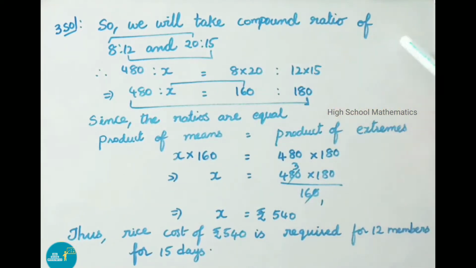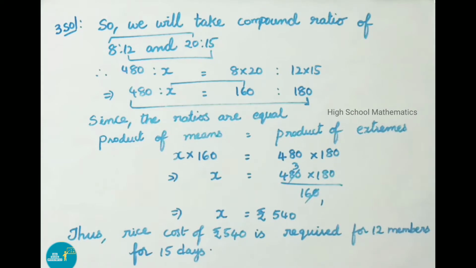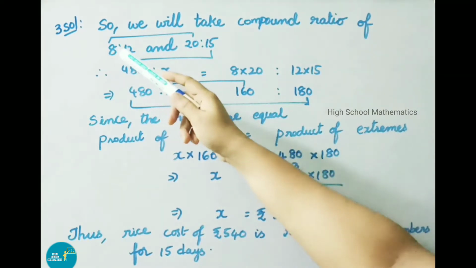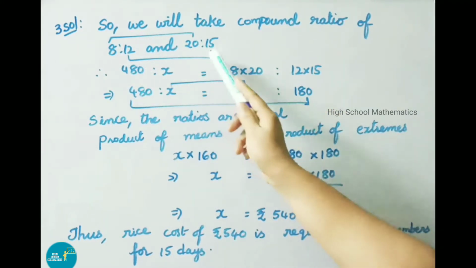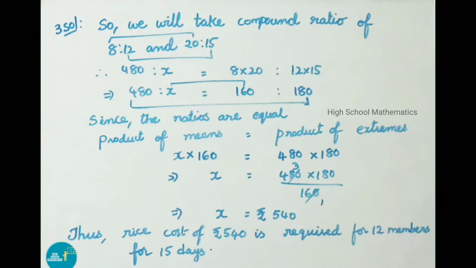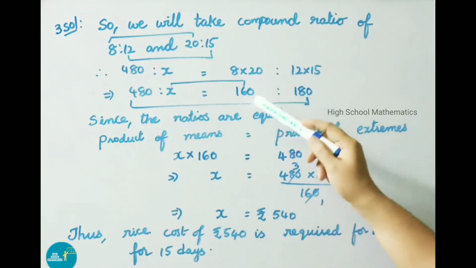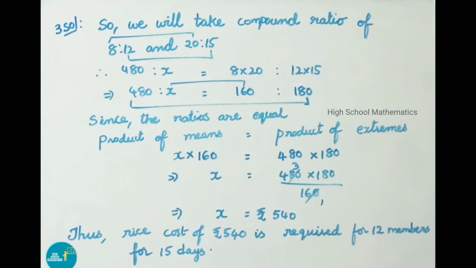So we will take the compound ratio of 8:12 and 20:15. Therefore 480:x is equal to compound ratio formula A into C, that is 8 into 20, is to B into D, that is 12 into 15. That implies 480:x equals 8 20s are 160 is to 12 into 15, that is 180.